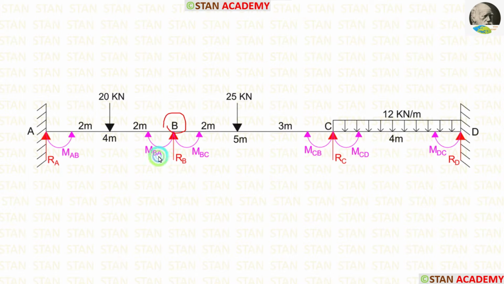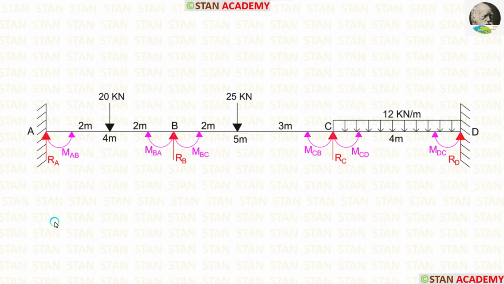In joint B, we have two moments MBA and MBC. Also, in joint C, we have two moments MCB and MCD. So, totally we have to find 6 moments. Also, we have to calculate 4 vertical reactions RA, RB, RC and RD.